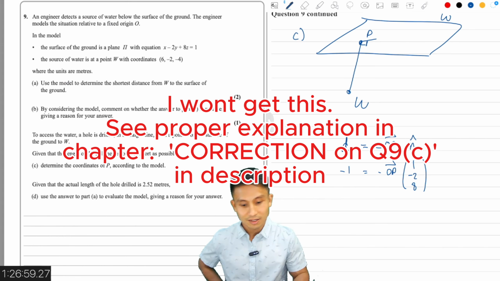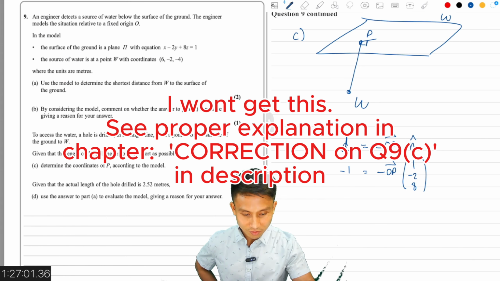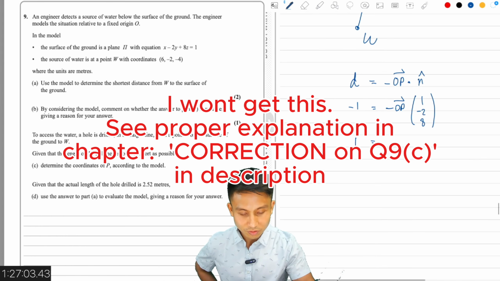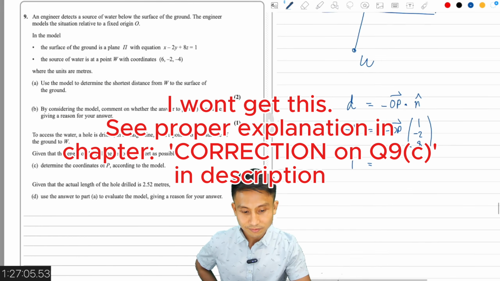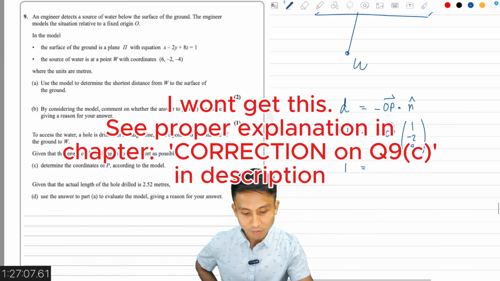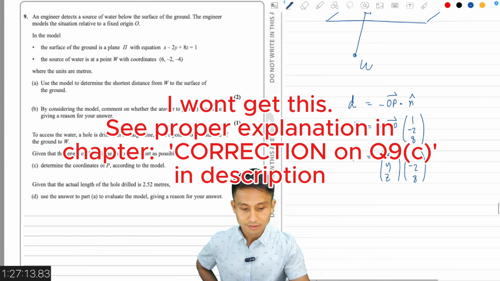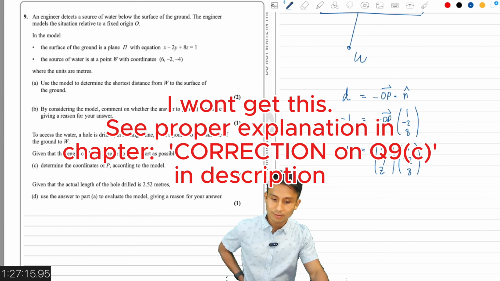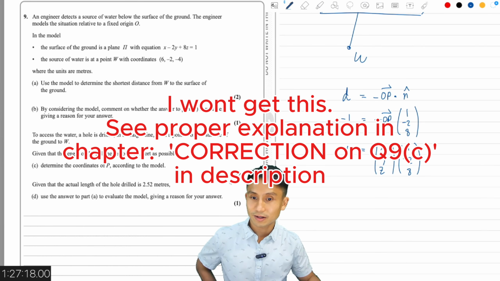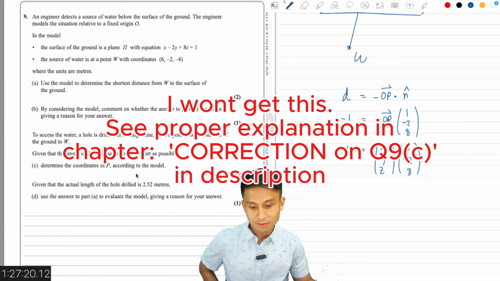Okay, that's the d. I'm going to cancel the minus there. So I have 1 equals, well, basically you have a point where you do dot product, x, y, and z, like that. And then you should get 0 there. Okay, how do we do that?